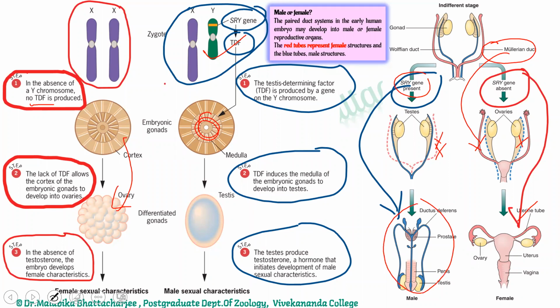So this was a comparison of the anatomical structuring that happens when an embryo that is born with both the ducts finally enters a path of either female development or male development.